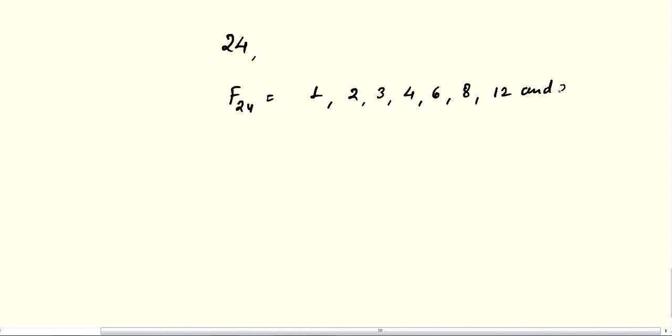Next topic is prime factors. Okay, so we are having number 24 and the factors of 24. As you know, 24 is divisible by 1, 2, 3, 4, 6, 8, 12 and 24. Now in these numbers we have to find which are the prime numbers.